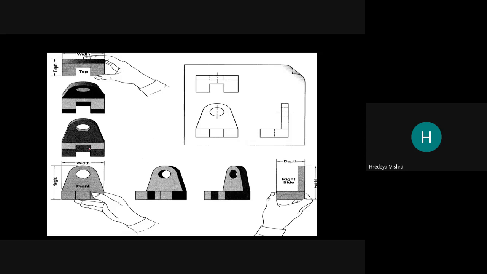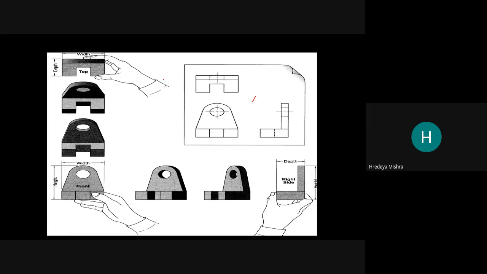These dimensions must be 0. So you can look at this from the front, and this is the top, and this is the side. See, so all the views we can represent on this paper.